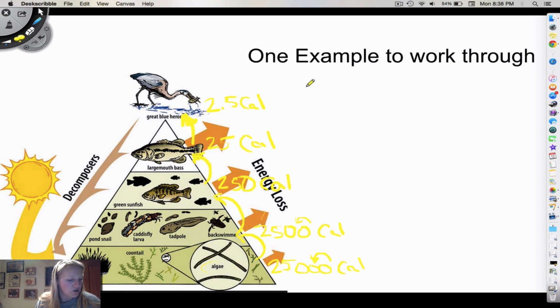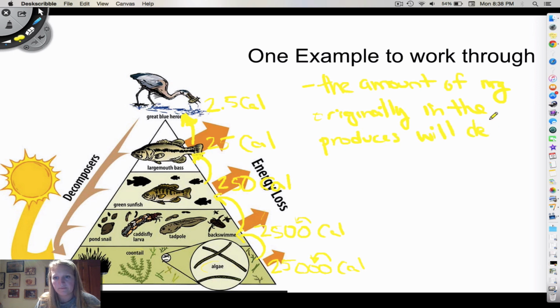So just some last things to note. The amount of energy originally in the producers will determine how many consumers can be supported in that ecosystem.